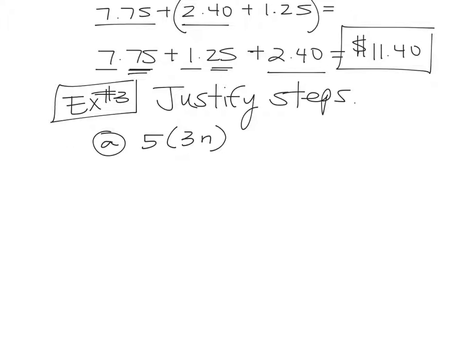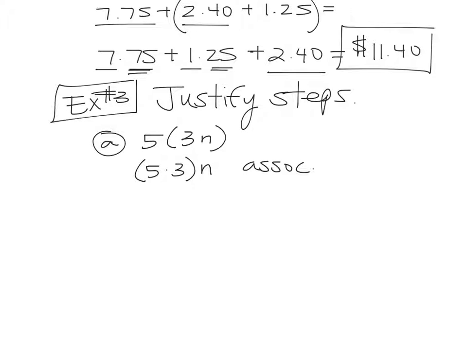Multiply what? The 5 and the 3. So what's actually happening is our parentheses are moving. We're doing 5 times 3 first and then n. What property is that? 15. It is 15. What property? When we move the parentheses, we just did the associative property.